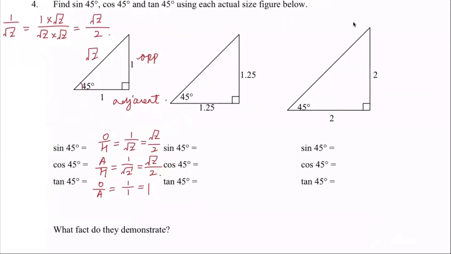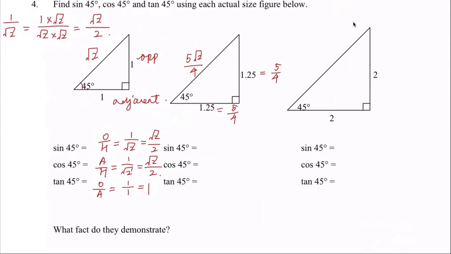The hypotenuse will be 5 times square root of 2 over 4. 1.25 is equal to 5 over 4. I think using fractions might be a little bit easier for us to do all the simplification and factoring.